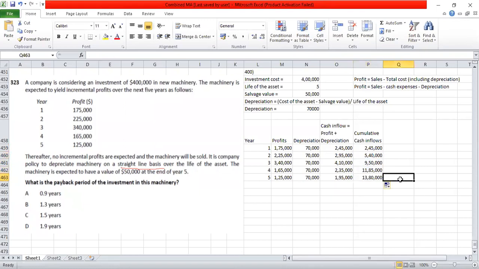What is the investment? 400,000. By the end of first year, we see that it is only 245. By the end of second year, it became 540. So in between these two periods, we see the payback period lies between year 1 and year 2.